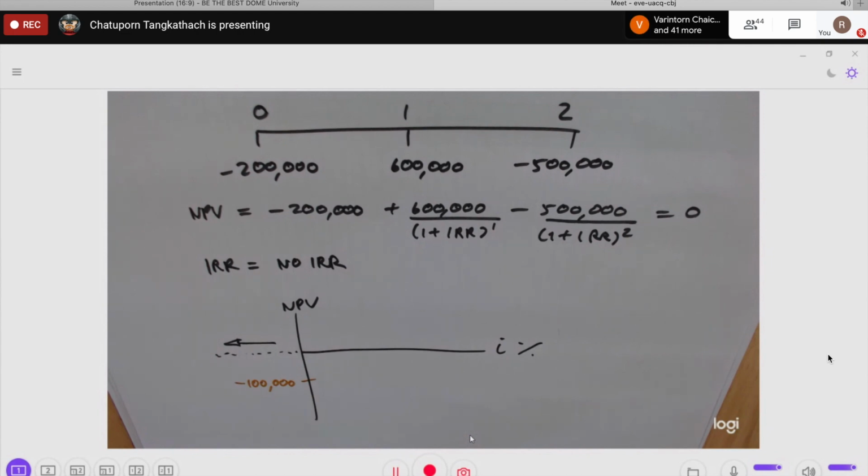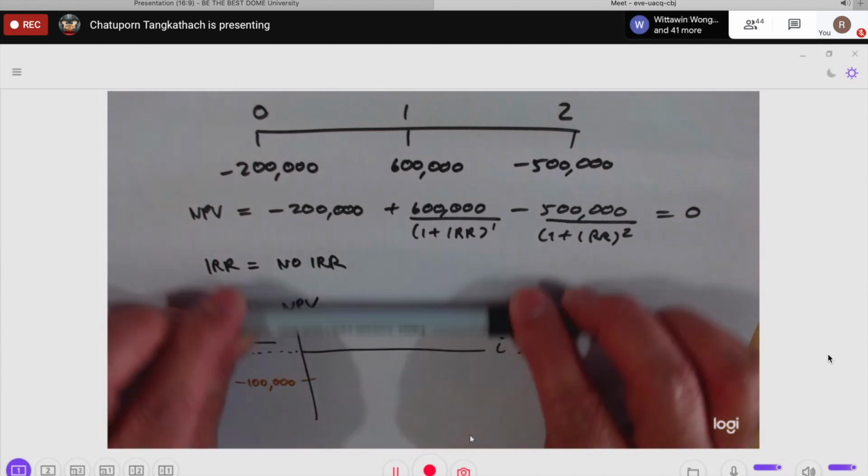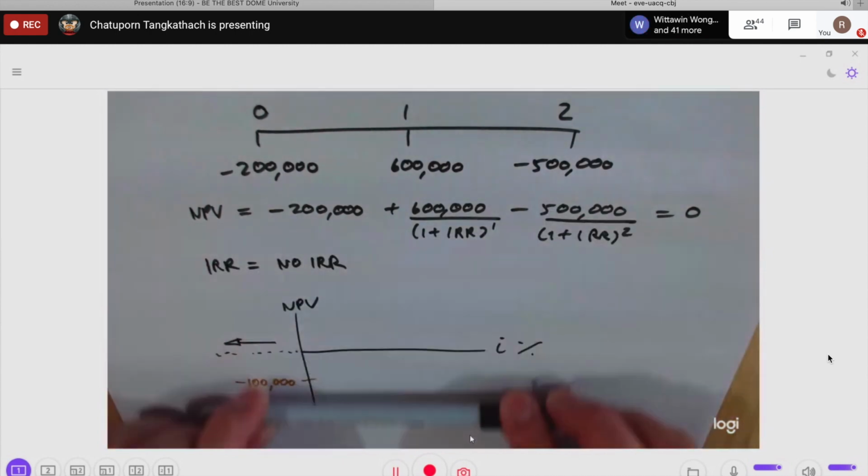For no IRR, what does it mean on the NPV profile? The NPV profile that we draw will never cut the x-axis since we do not have a cutoff point, or IRR. There are two possibilities for drawing this graph. The graph that never cuts the x-axis may be above the x-axis or below the x-axis.